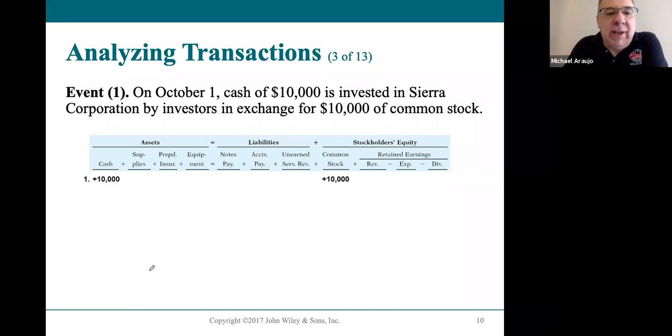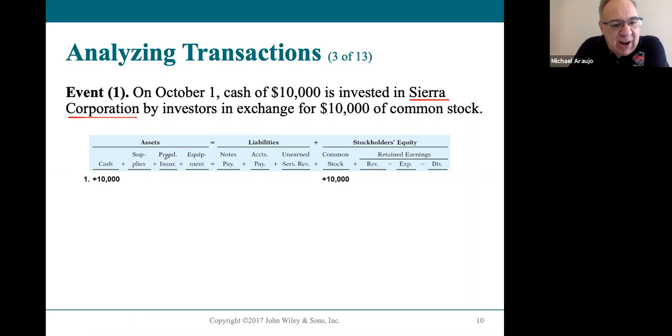Now here we're looking at Sierra Corporation, and I just want to explain what this is. Assets equals liabilities and stockholders' equity, and then they have given us specific accounts. There are 4 asset accounts listed: cash, supplies, prepaid insurance, and equipment.